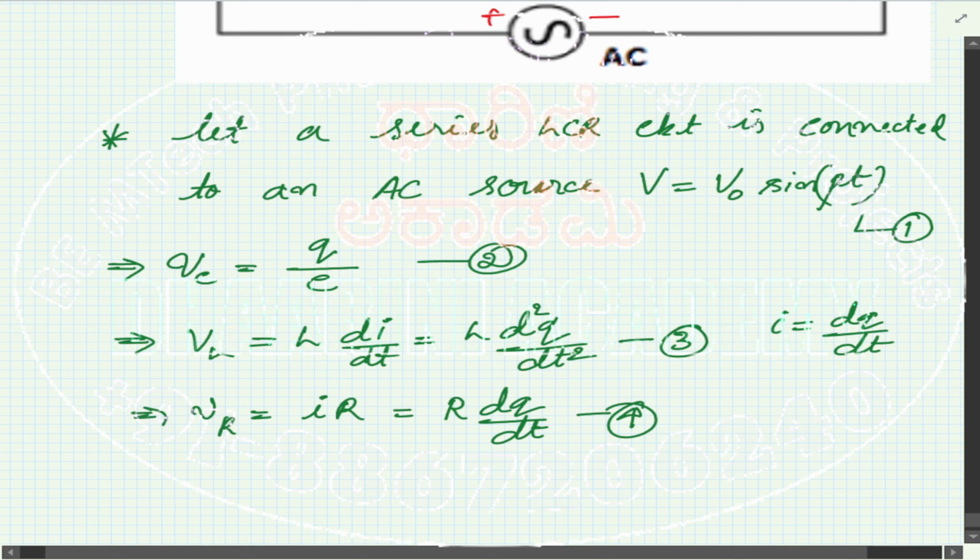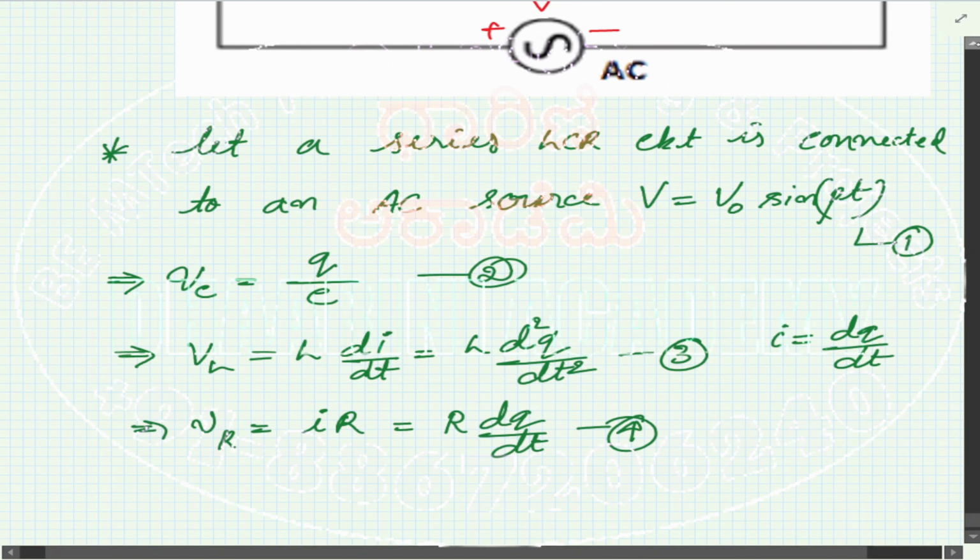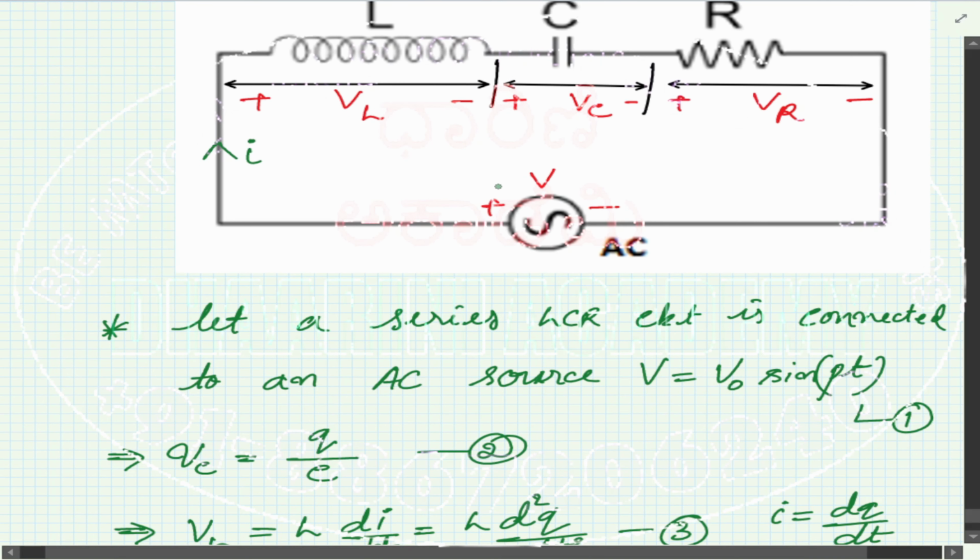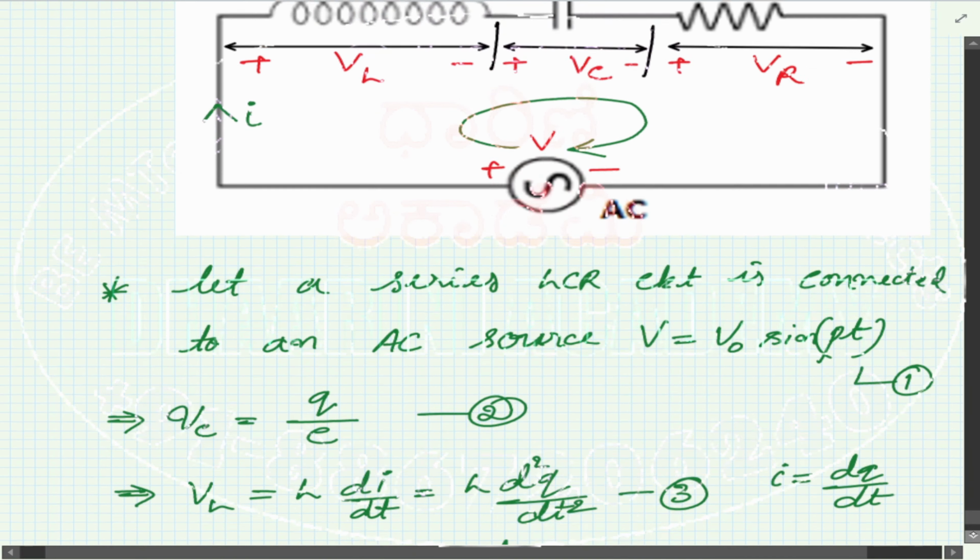Now we will apply Kirchhoff's voltage law, KVL. In order to apply KVL, I need to move around the circuit in a specific direction, so I am marking the direction like this.